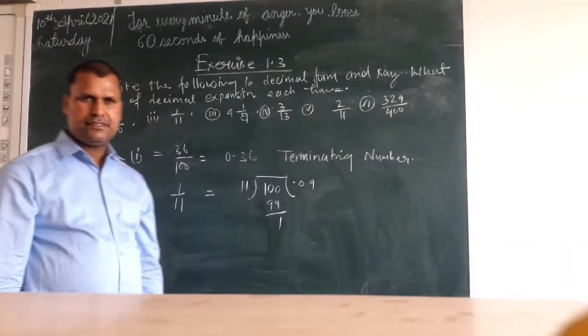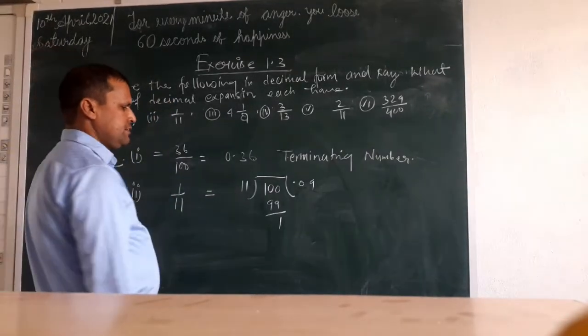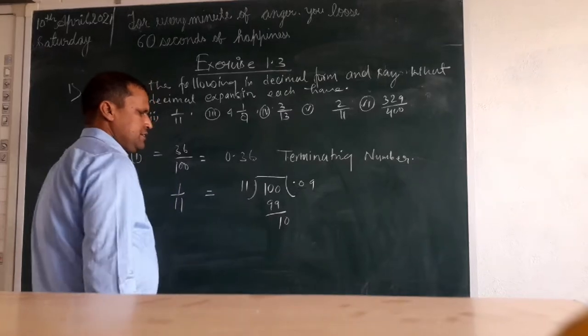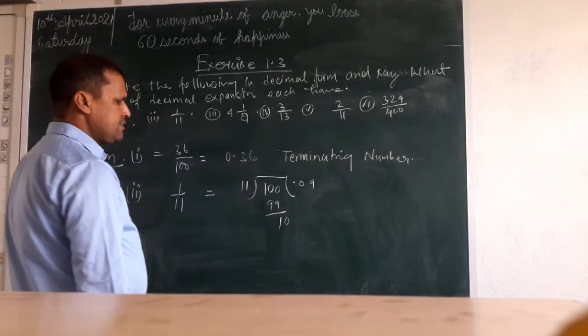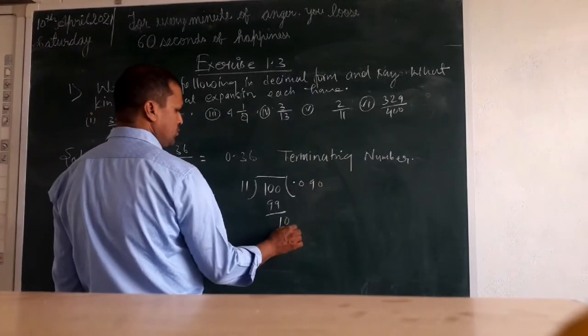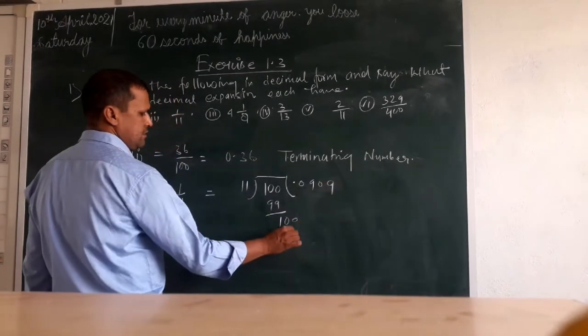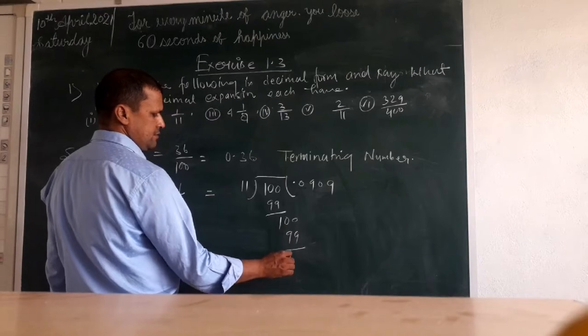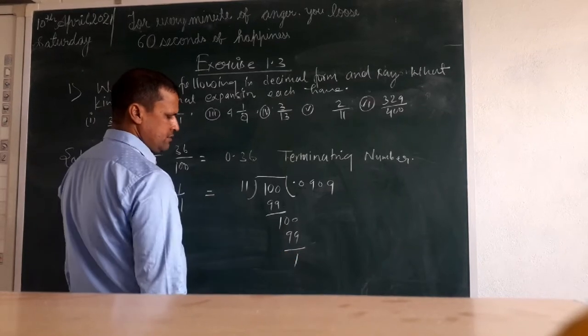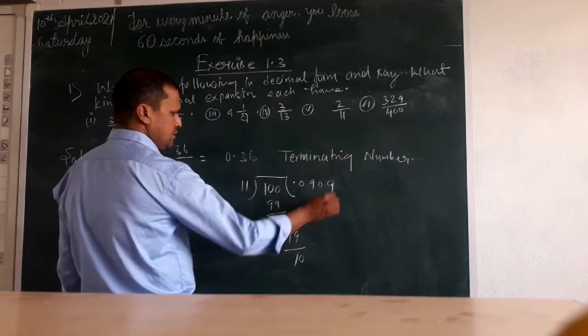After that, again we put 0, again 99, remainder 1, put 0.